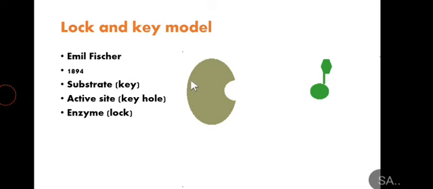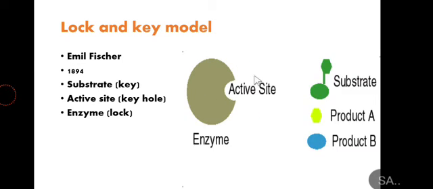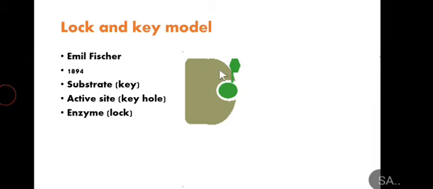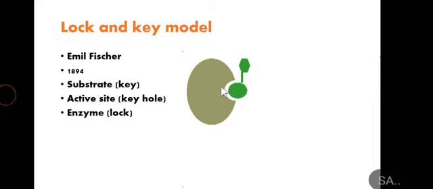This model treats the enzyme as a lock and the substrate as a key, while the active site acts as a keyhole. So what happens according to this model? The substrate, which is the key for this enzyme, is going to unlock this enzyme through the keyhole, which is the active site.